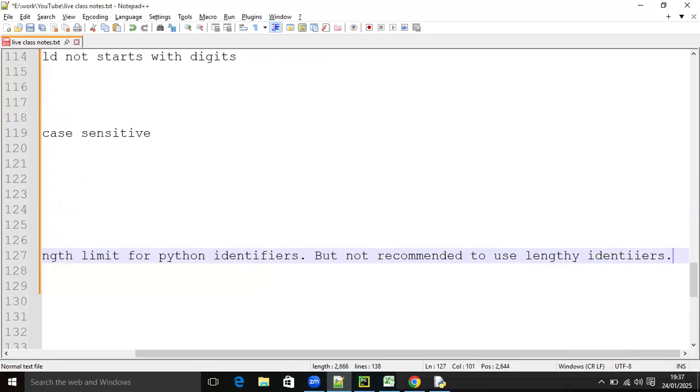And here the dollar symbol is not allowed, an identifier can start with an underscore, and an identifier can also start with a double underscore.